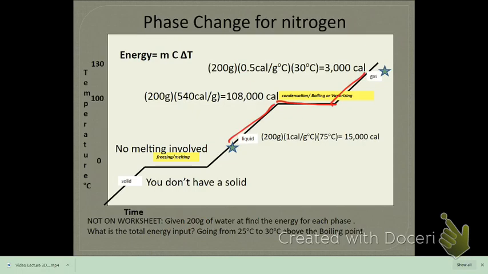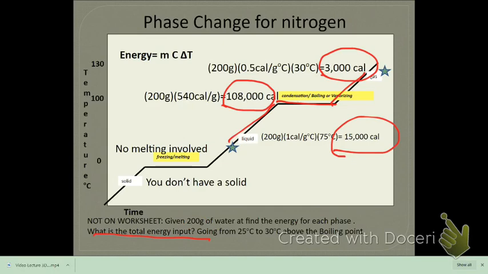So I'm asked what is the total energy input. I'm going to have to take, just like I did before, the total of 1,500 calories plus 108,000 calories plus 3,000 calories. So clear your calculator. Put in 1500 plus 108,000 plus 3,000.